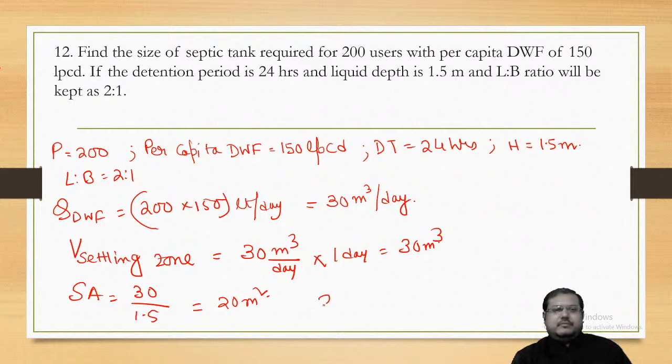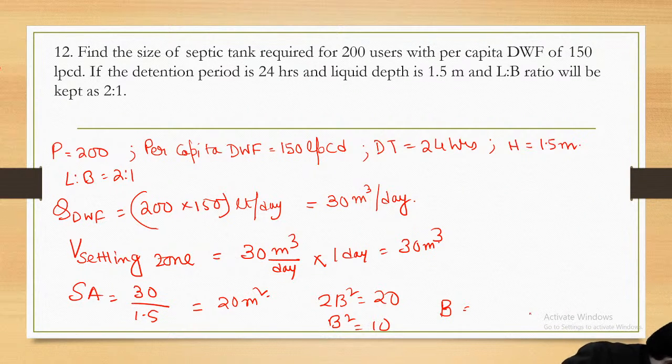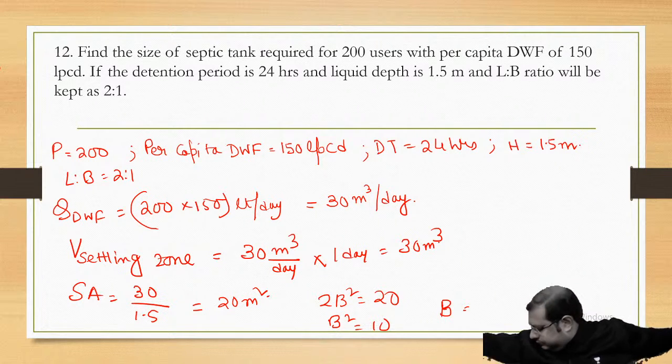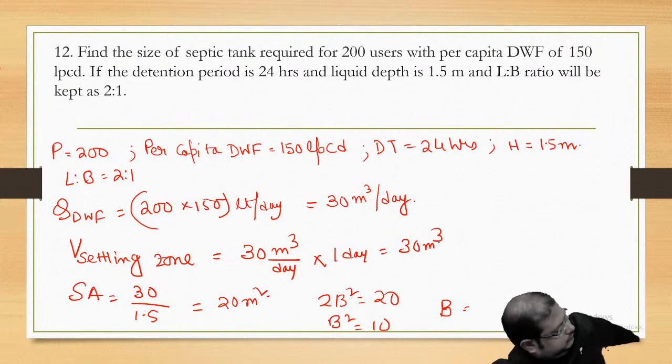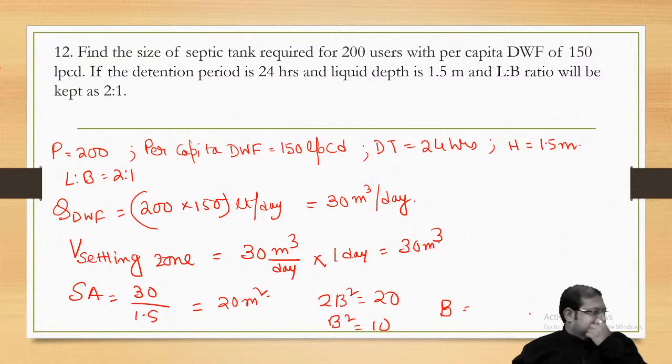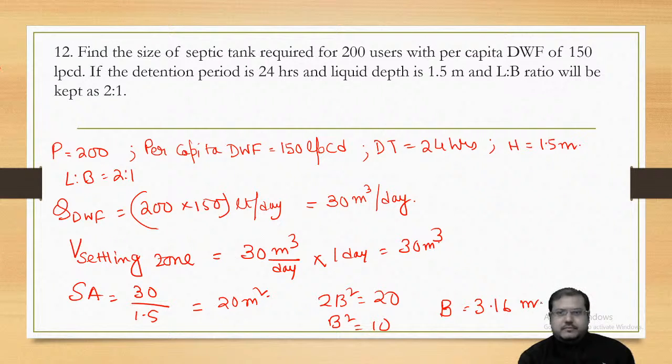L to B is given as 2 to 1, so 2B square is equal to 20, B square will be 10, and B will be under root 10, which is 3.16 meter.